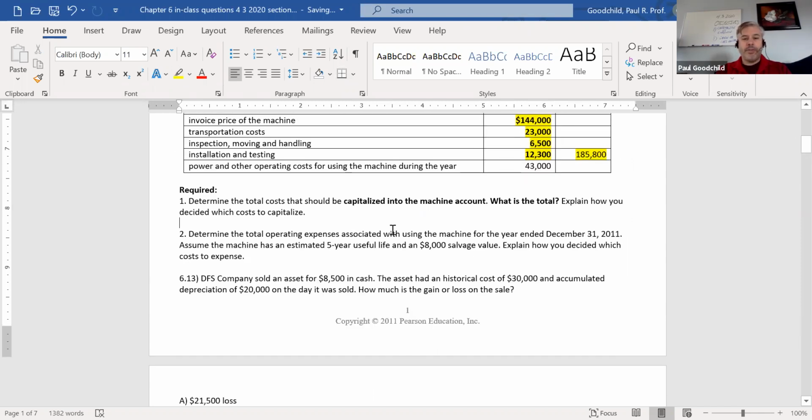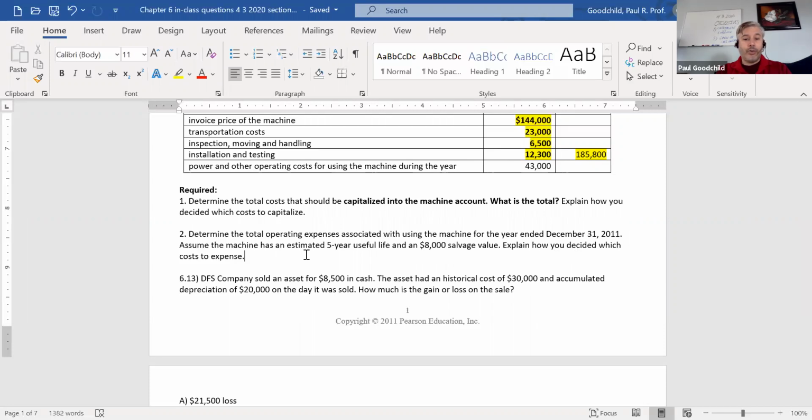Okay, part 2 says determine the total operating expenses for the year ended December 31st, 2011. So we have the power, which we know is part of that. And it says, assuming it has a 5-year useful life and an $8,000 salvage value, so we'd have to calculate depreciation expense.